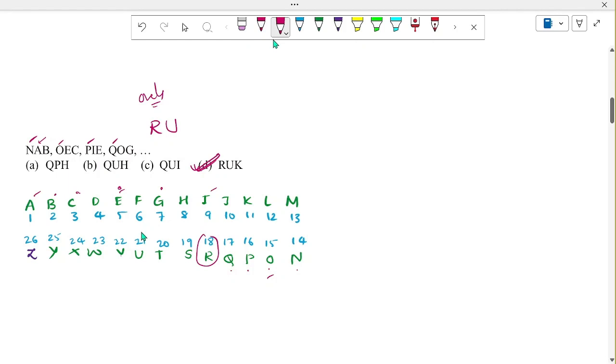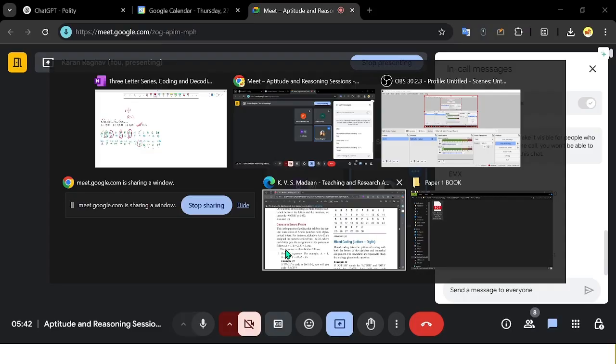Third letter, observe carefully. I got B. Let me take B, C, E, G. See, I got 2, 3, 5, 7.